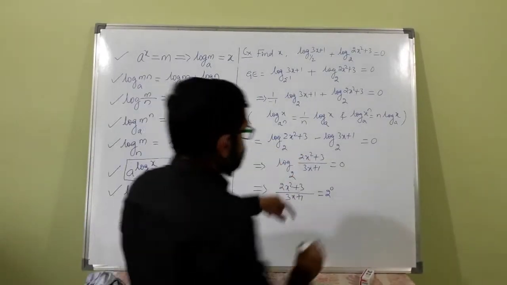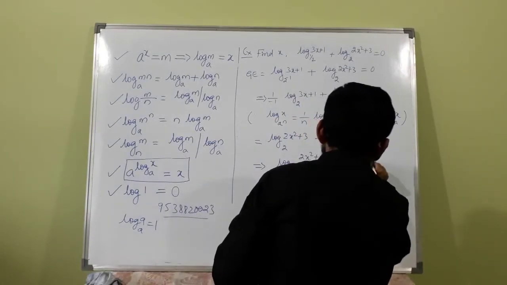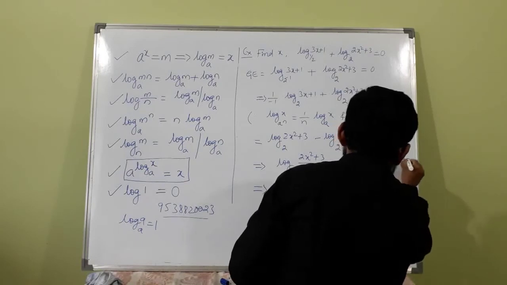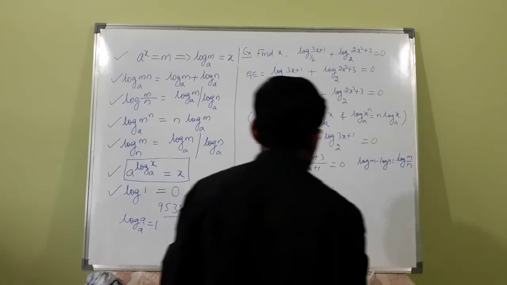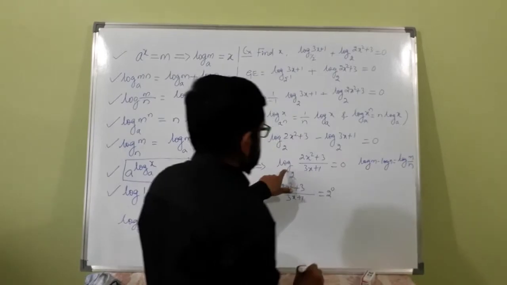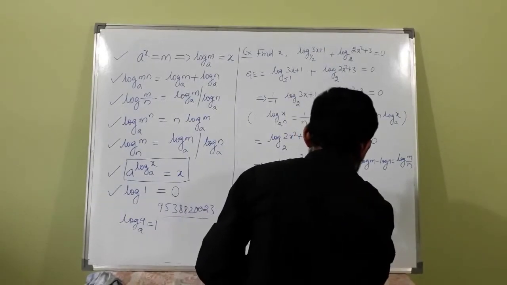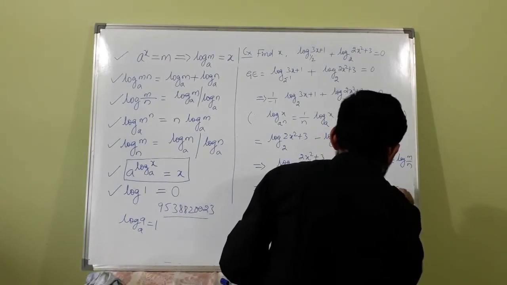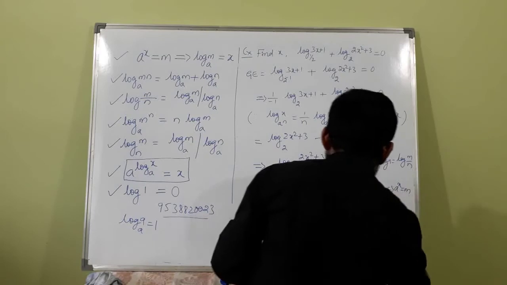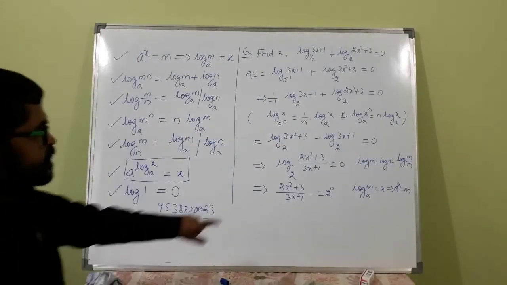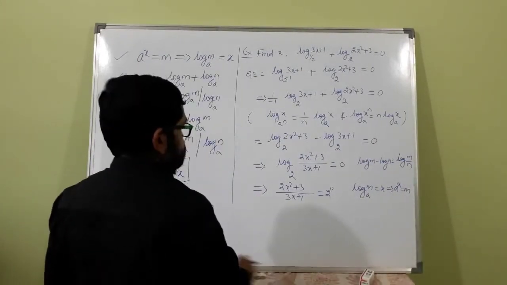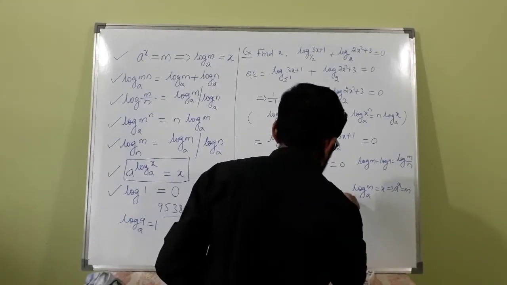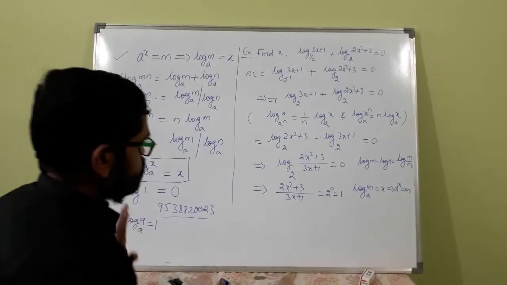Okay, this is due to log m minus log n is equal to log m by n, and this is due to log m to the base a is equal to x implies a raised to x is equal to m. It is due to this formula. See, this is nothing but 1. 2 raised to 0 is 1. Constant raised to 0 is 1.